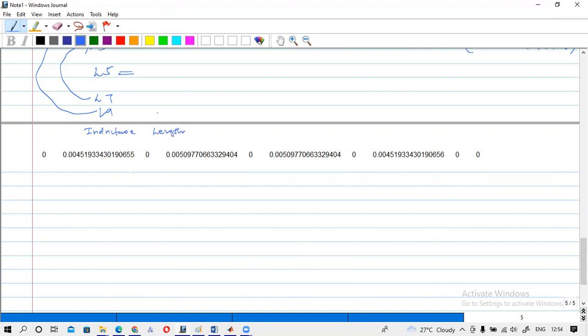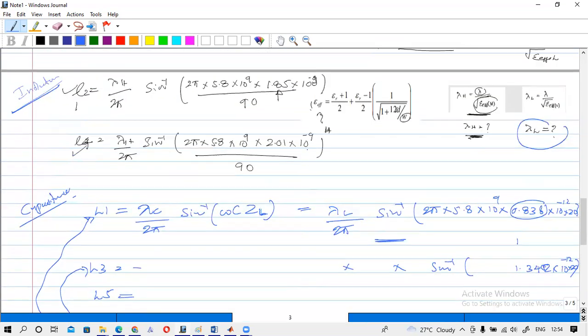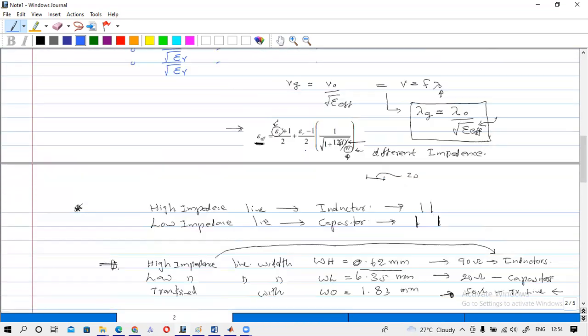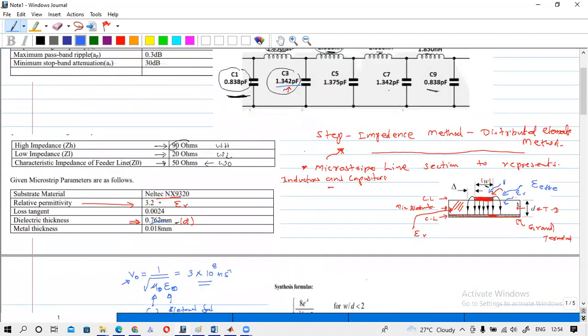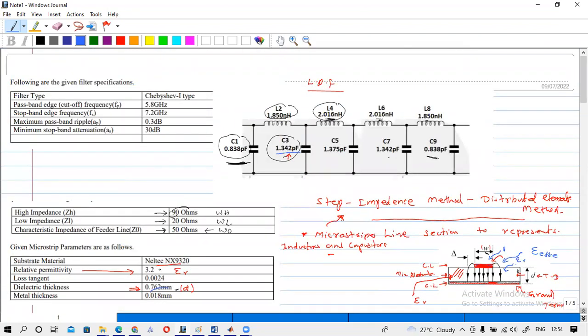You can see that there are 4 inductors: 1, 2, 3, 4. So you have 4 lengths, and these lengths are related with these inductors. So this length will be L2, L4, L6, L8.